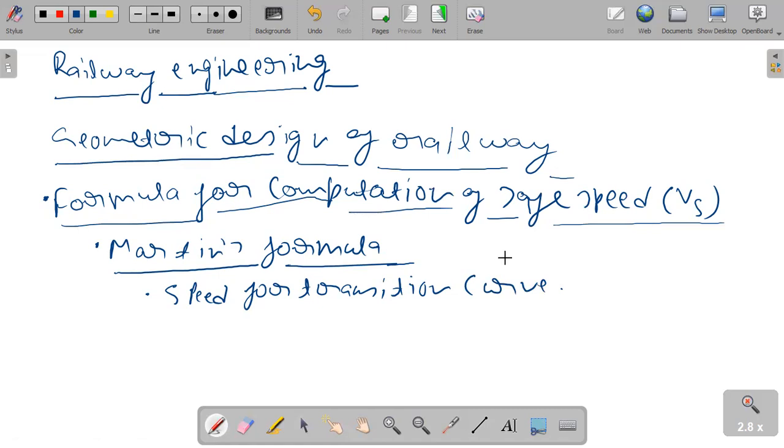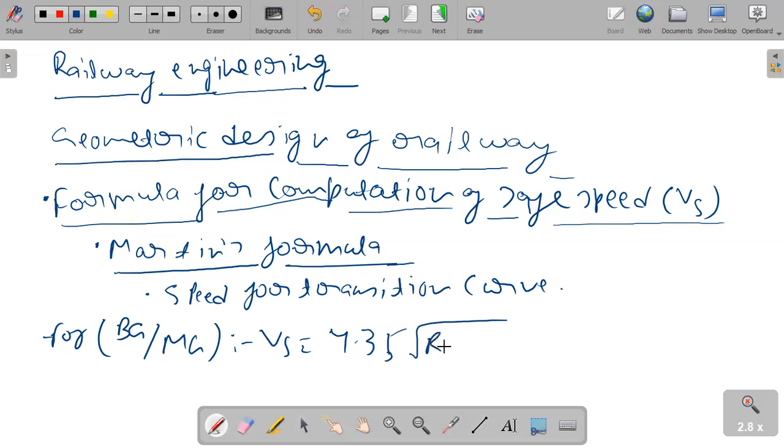For broad gauge and meter gauge, safe speed is equal to 4.35 under root R minus 67 kilometer per hour. Here BG is the short form of broad gauge.